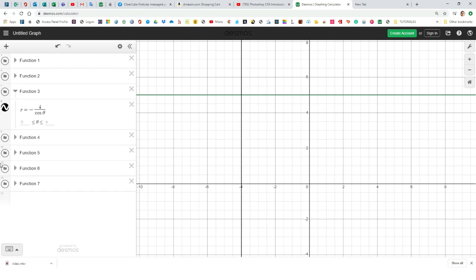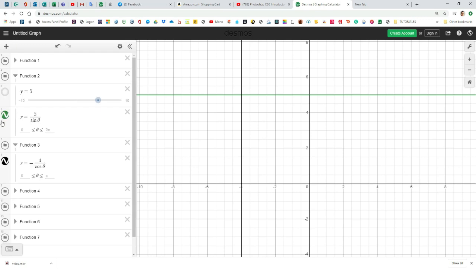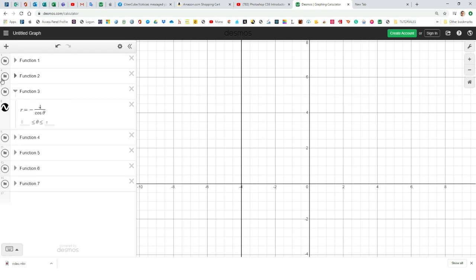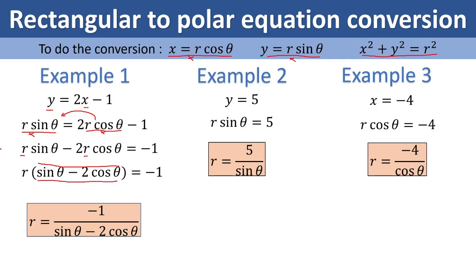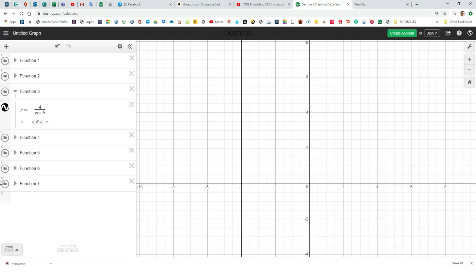This is the function. You go to the example, x equals -4, and this is the equation for x equals -4.